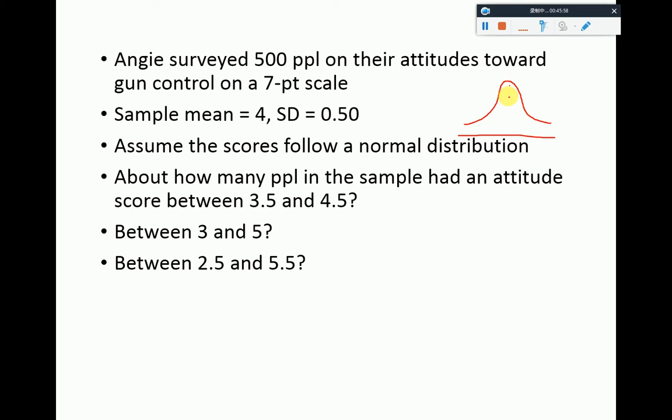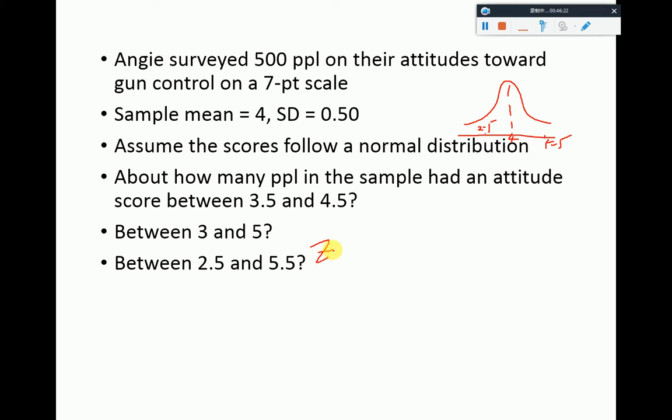We know this is 4, the mean, and we need to find out where exactly the cutoff lines determined by 2.5 and 5.5 are. So 2.5 will be around here, just to eyeball it. And 5.5 will be around here. But we need exact values. The exact values will be given by the z-score.